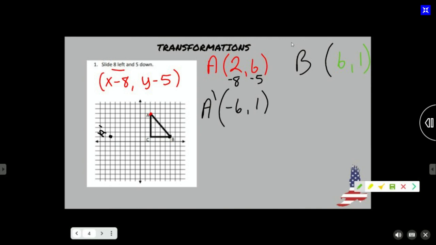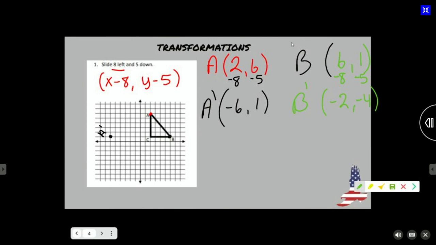All right. What is my rule? What's my translation? X minus 8, Y minus 5. So my B prime is going to be negative 2 and negative 4.